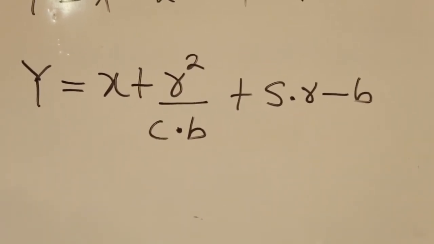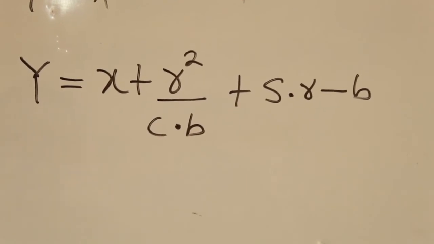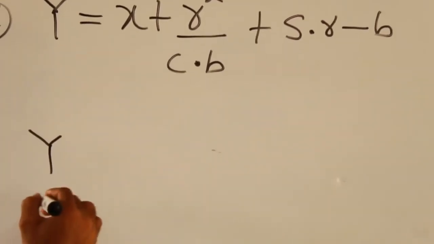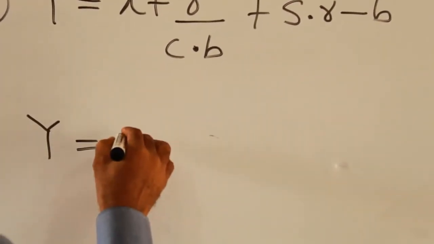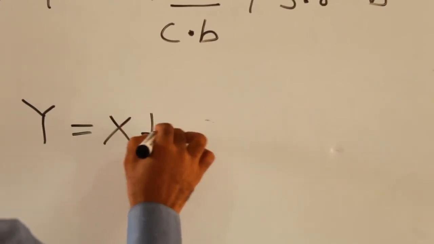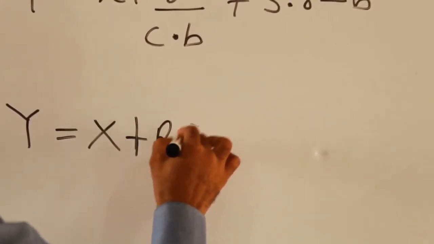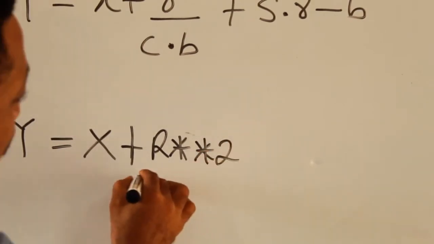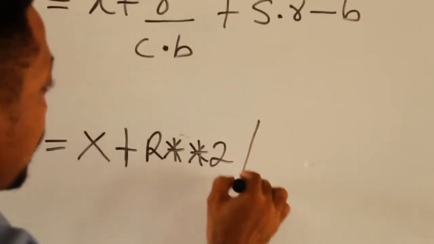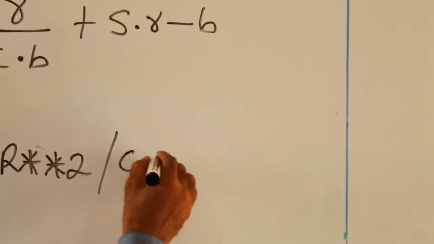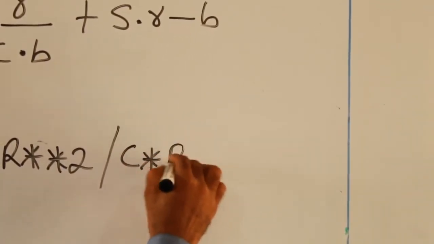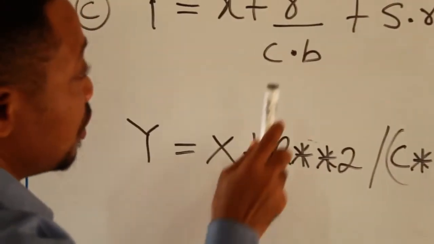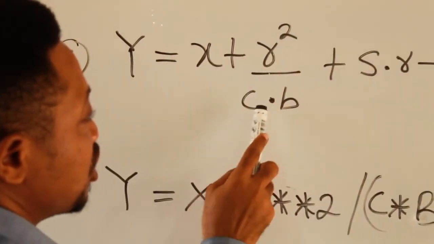Let's look at the basic equivalence of this. So y is equal to x plus the square root of r, divided by c dot b in bracket. Now why is it in bracket? It is because the whole of this is multiplying this.